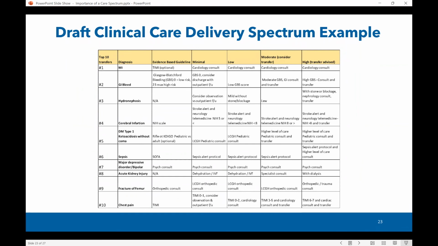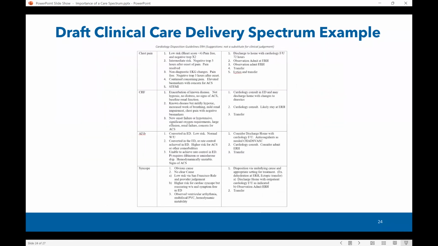Then they categorized their top transfers into minimum, low, moderate, and high categories, so that they could say, for these low risk categories, this looks like something that we might be able to keep. So they wanted to craft theirs in risk categories. That's just an example of one.